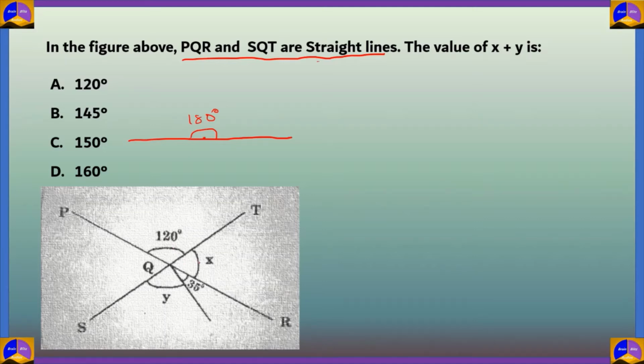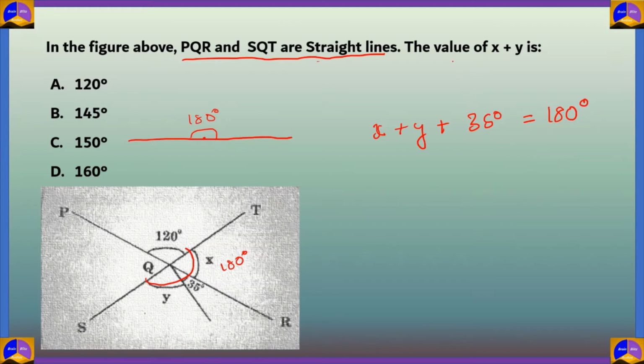That means this whole side will be equal to 180 degrees, which are comprised of x plus y plus 35 degree equals 180 degree.